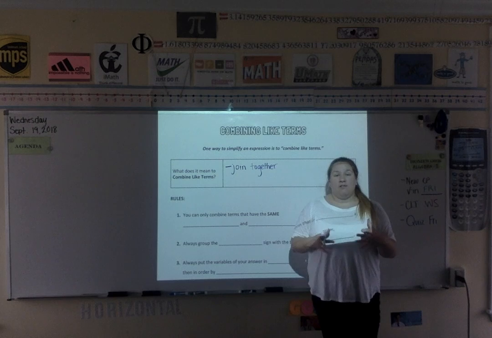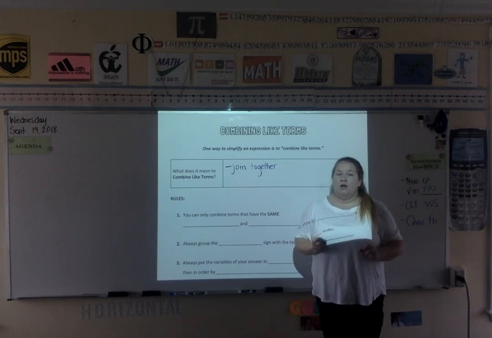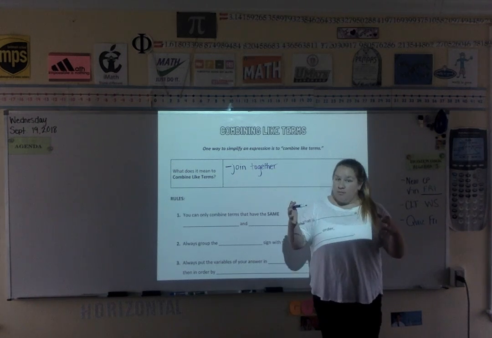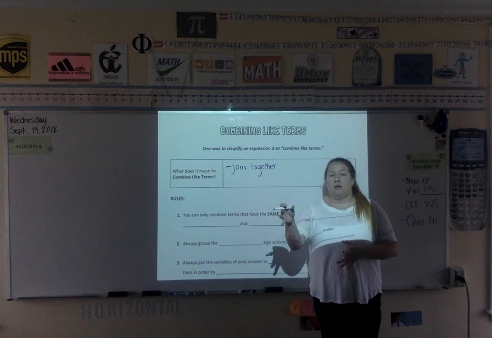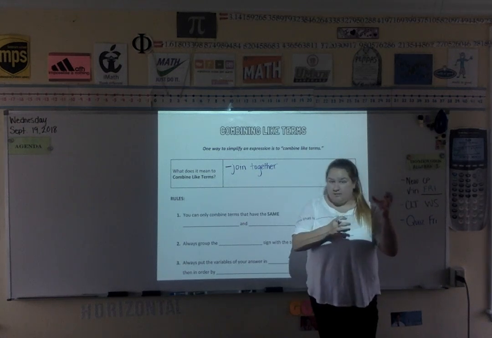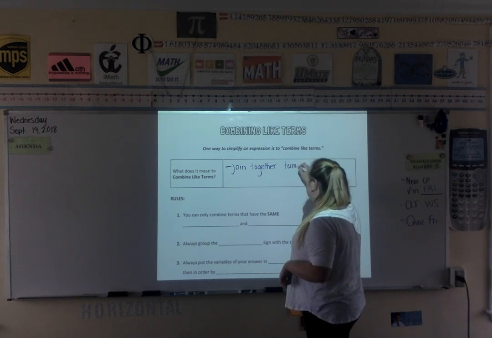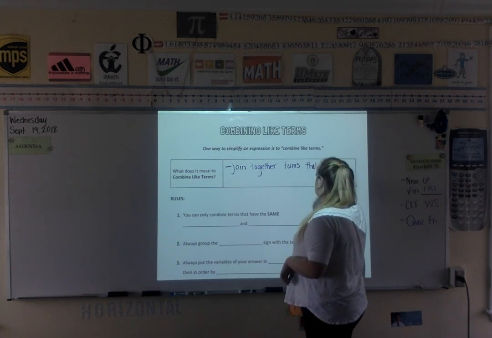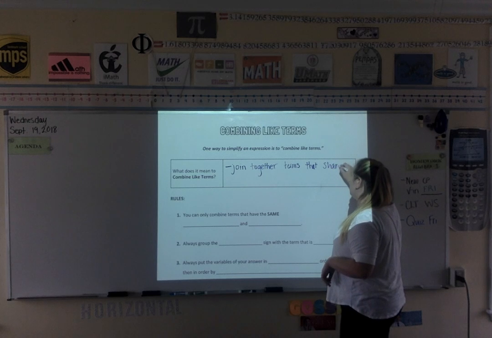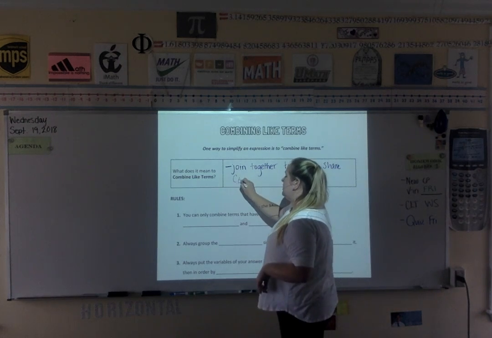Term, so the definition of a term is a number, a variable, or a combination of the two. So you might see a number, a variable, and an exponent even, okay? So you're going to join together terms that share common qualities.